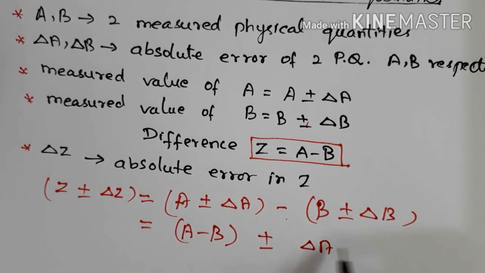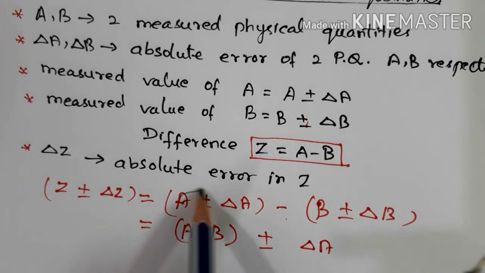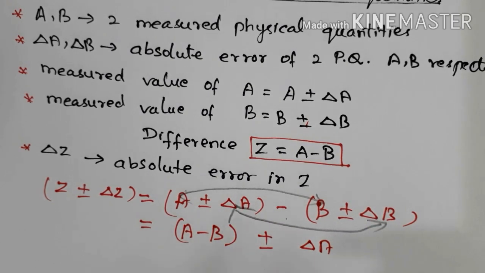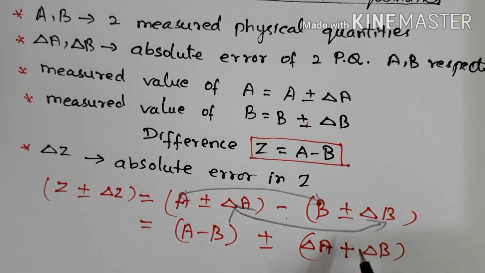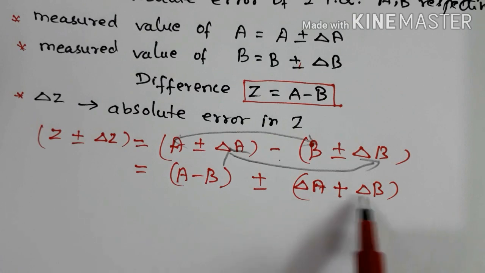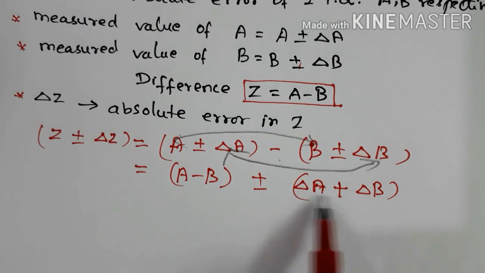Already I told you, you have to deal with these two and with these two. ΔA plus ΔB. Why am I writing plus here? Already I told you absolute errors have to be added. Errors always have to be added. They cannot be subtracted. They will not cancel each other. Already I told you this is important, right?